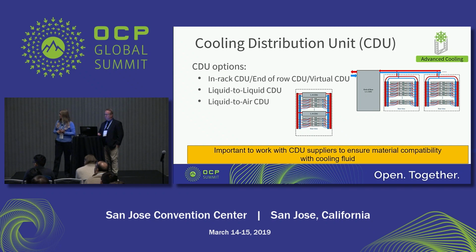You have liquid-to-liquid CDUs and liquid-to-air CDUs as well. And as what we have done at Intel then is our initial investigation includes in-rack CDU and liquid-to-liquid. It doesn't mean that the work that we're doing cannot be applied, of course, to end-of-row CDU as well.